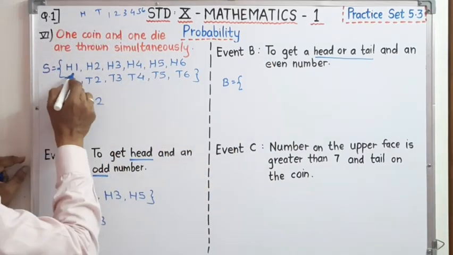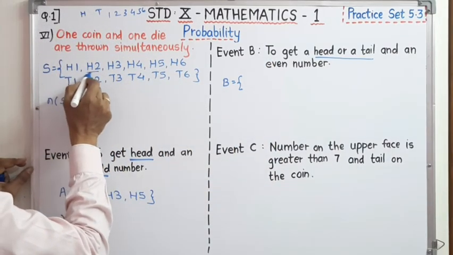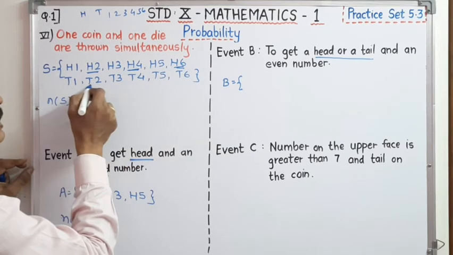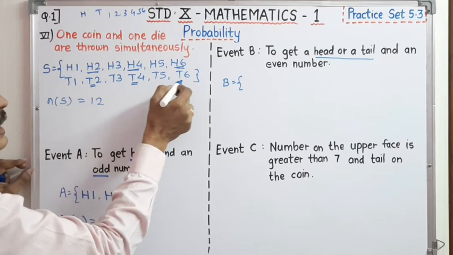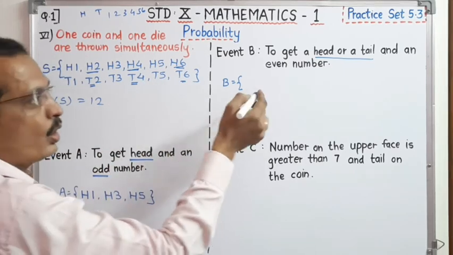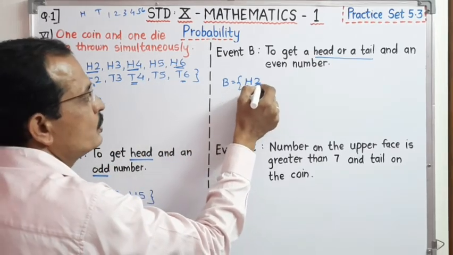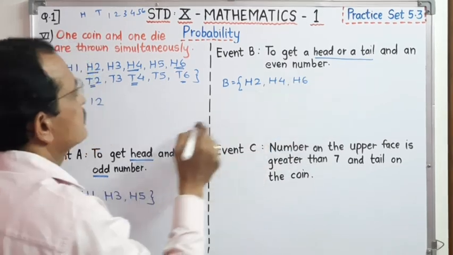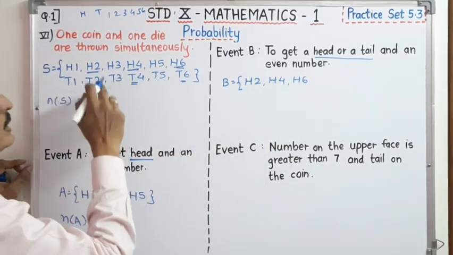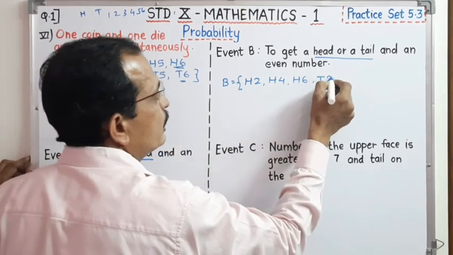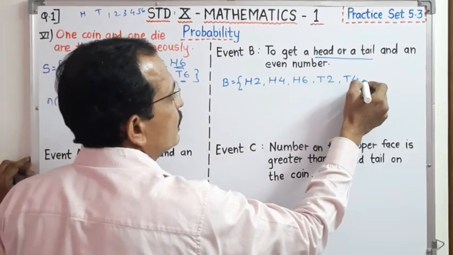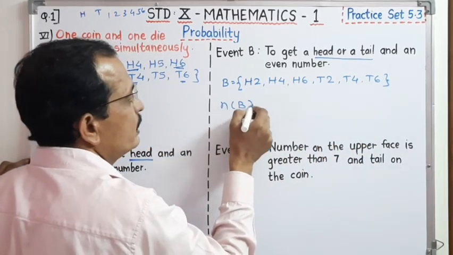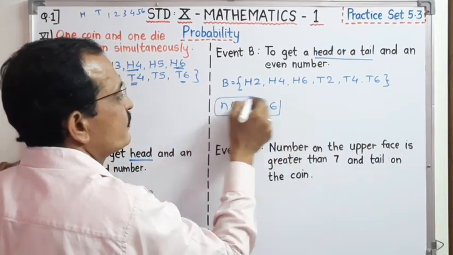That means head and even number, that is H2, H4, H6, and similarly T2, T4 and T6. Therefore number of B is equal to 6.